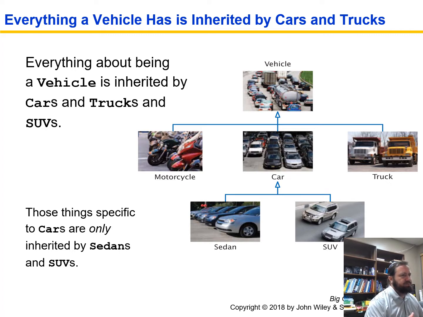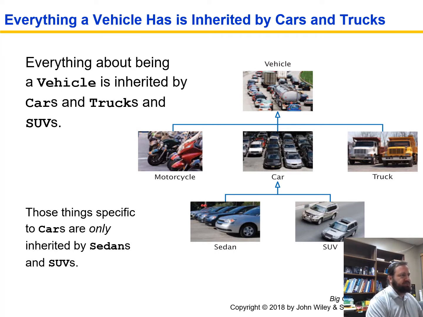It has a trunk and an engine compartment and some sort of cargo carrying area. Those things are specific to a car. Those things are inherited by sedans and SUVs. Sedans have front and rear seats and an engine compartment and a cargo compartment. So do SUVs.